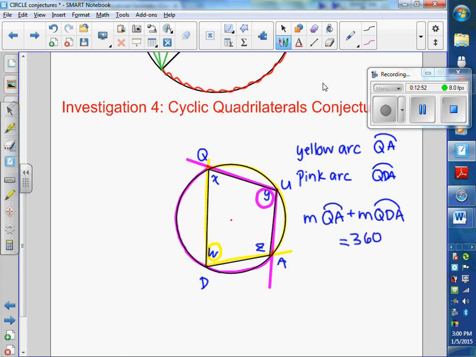So what does that say about angle Y plus angle W? Hopefully you guys figured that out. They would have to add to 180. Because angle Y is equal to half of the measure of QDA, and angle W is equal to half the measure of QA.